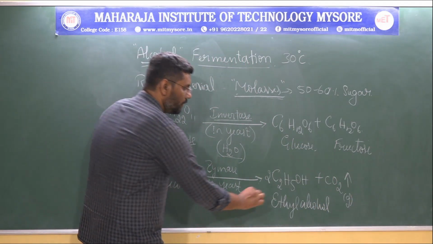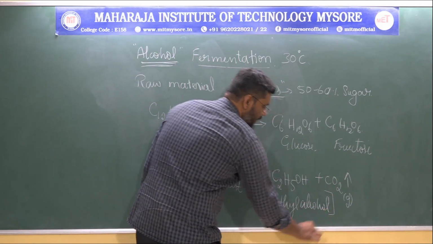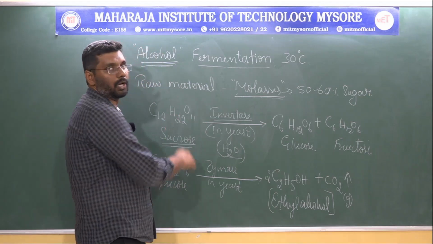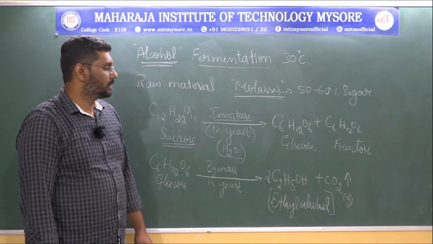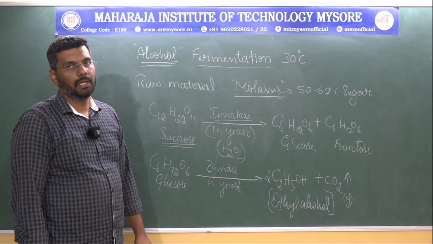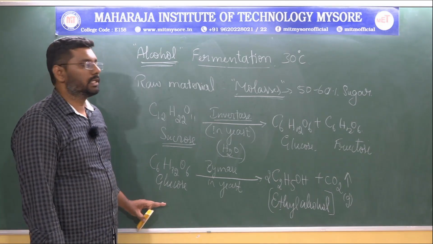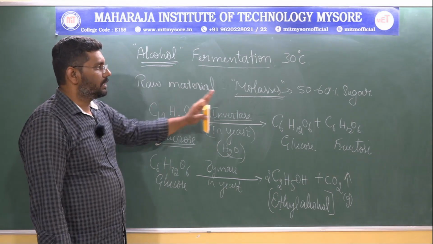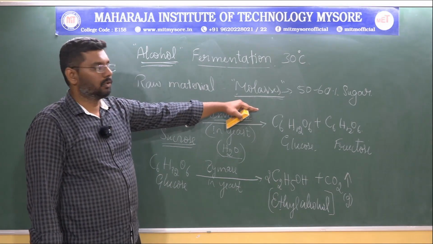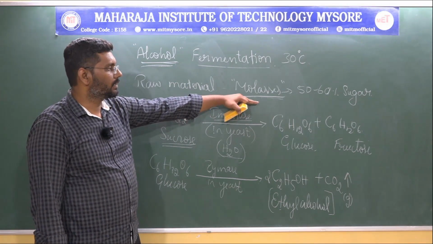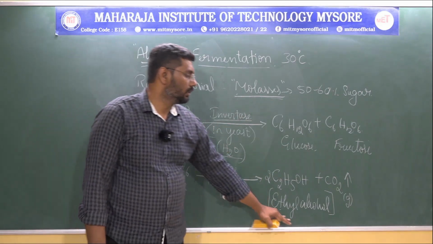So now we have synthesized ethyl alcohol from molasses. These are the two steps of reactions which take place while synthesizing ethyl alcohol, that is, from raw materials such as molasses to ethyl alcohol.